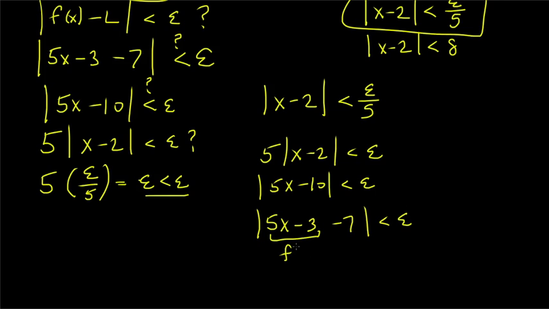And this is my f of x, and this is my L. So, sorry, L is positive 7. So I'm subtracting. So this is f of x minus L, and that has to be less than epsilon. And that's what we wanted to show.